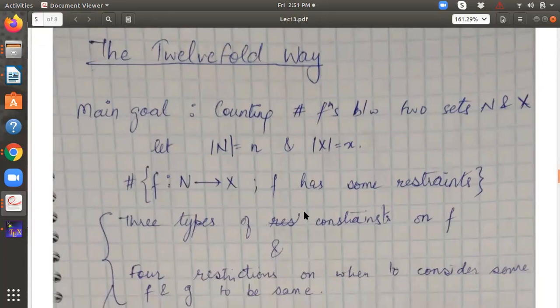So this is your phase 1: you have 3 types of constraints here, and 4 restrictions on when you would consider two such elements coming from this set to be equivalent or not equivalent. So how many total ways are there for these types of counting? As in, how many different types of functions can appear? Don't tell me the number of functions, but the different types of functions.